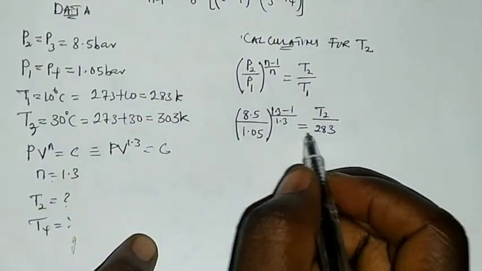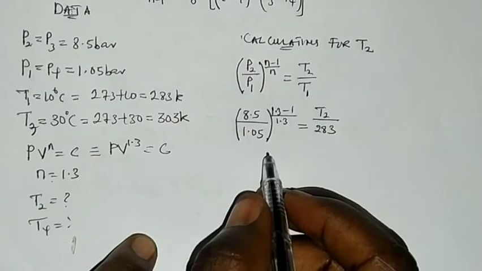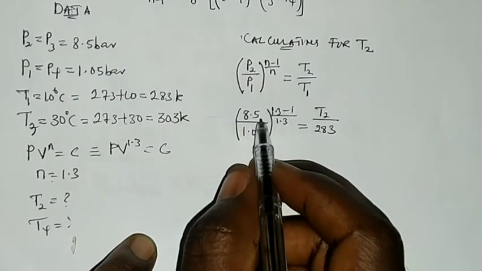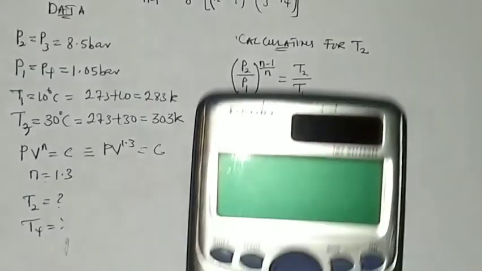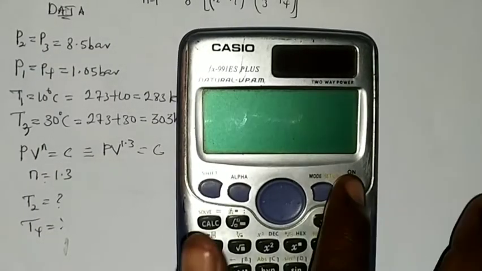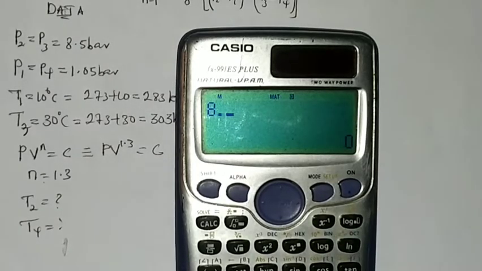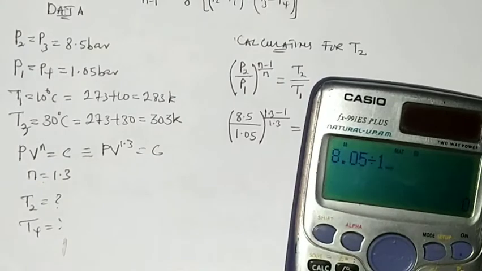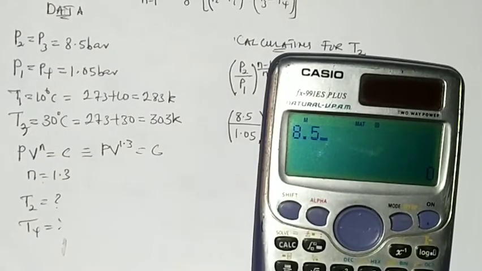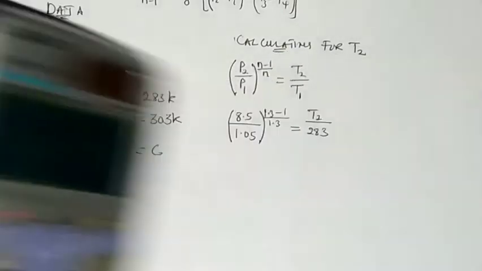If I cross multiply or continue working this way, I'll have 8.5 divided by 1.05, which is 8.095.